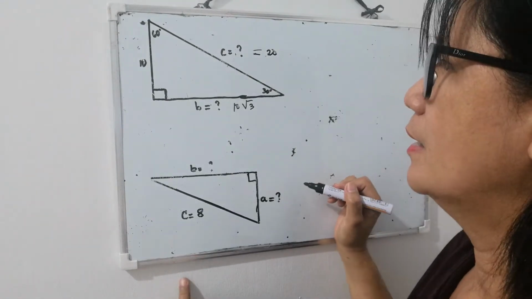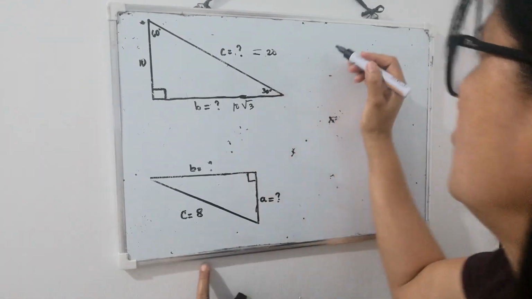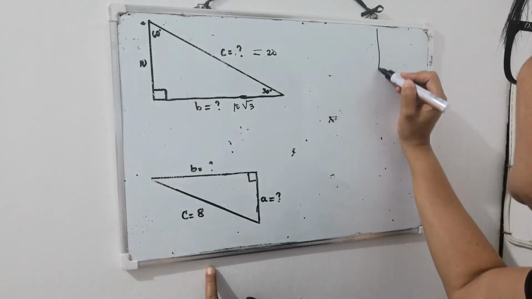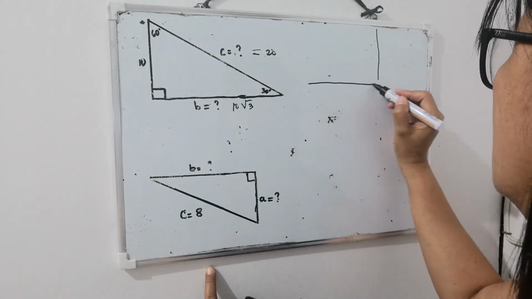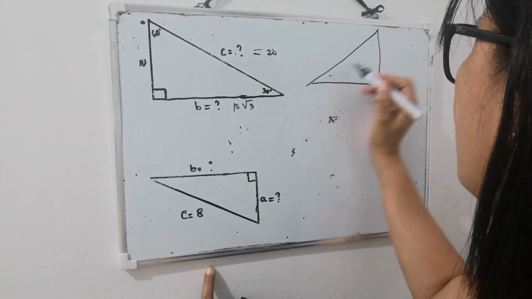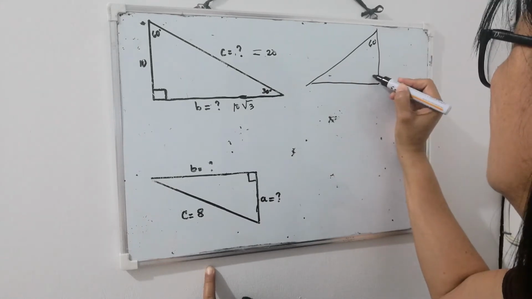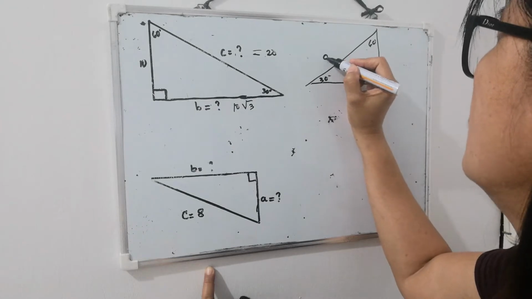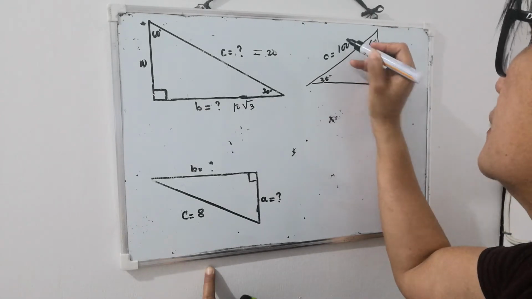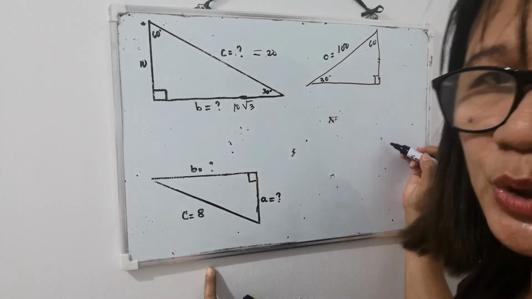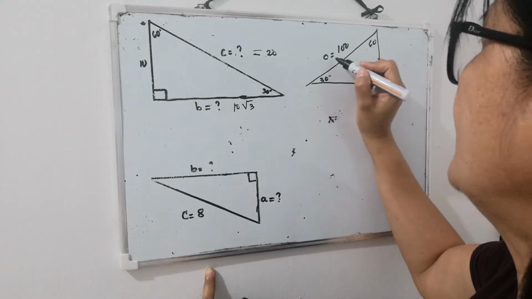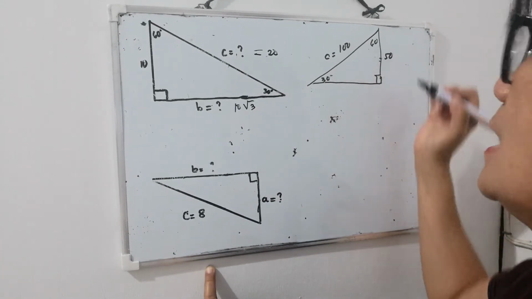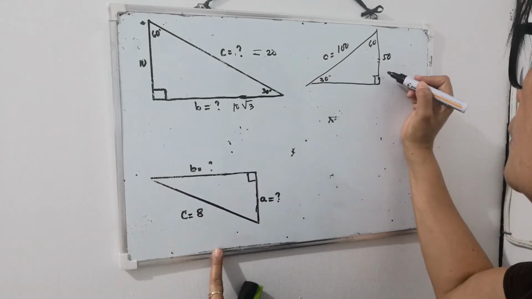O, diba? Vice versa, kung halimbawa given naman yung, let's say, given yung ating C. Suppose our C, so this is 60, this is 90, this is 30. Suppose given yung C, 100 units. Ano kaya yung measure ng shorter leg? Half ng 100, it is 50. That's the measure of the shorter leg.